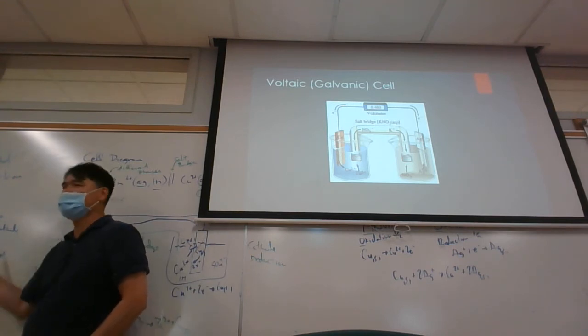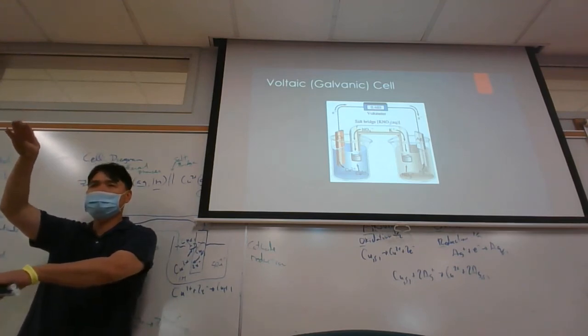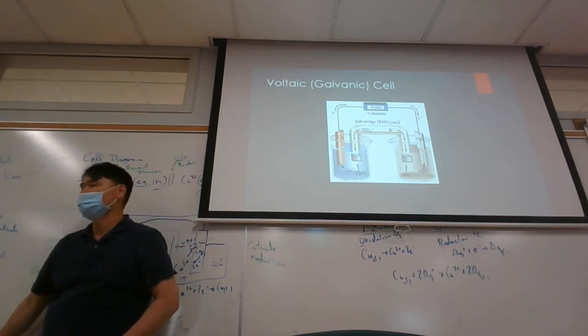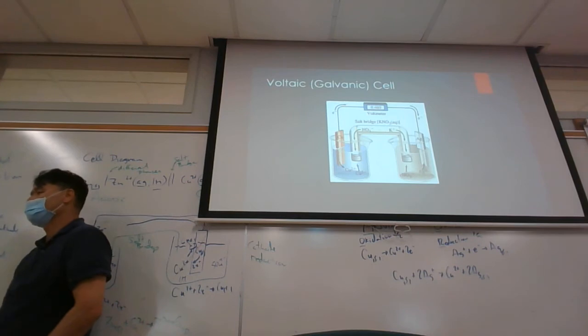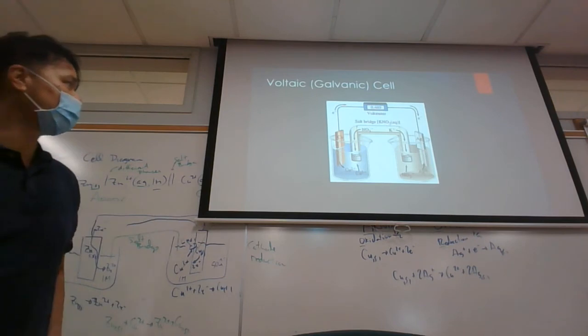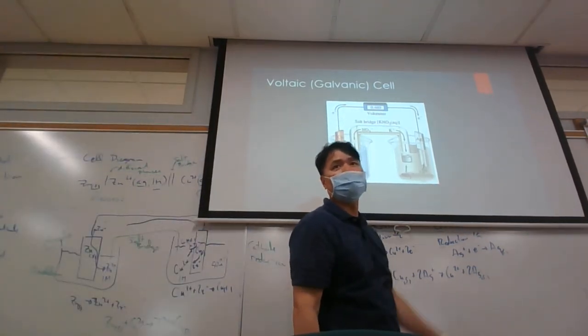But when you add them together, those cancel out, and you get the correct answer. And so when we have two unknowns and one equation, there are two ways to handle it. One, you could just give up because we need a second equation. Or two, you can arbitrarily assign one of these 0. So which one do you want to assign 0? Should we assign the copper? Or should we assign silver ion 0?